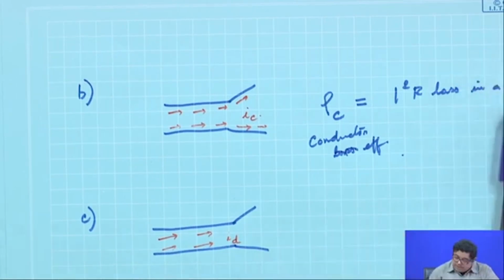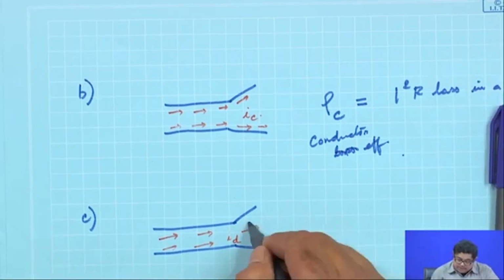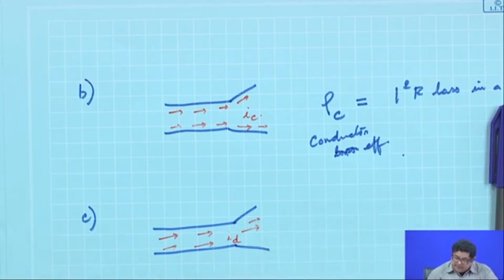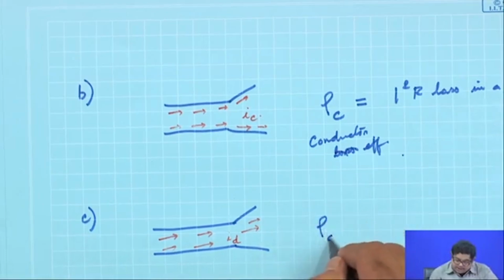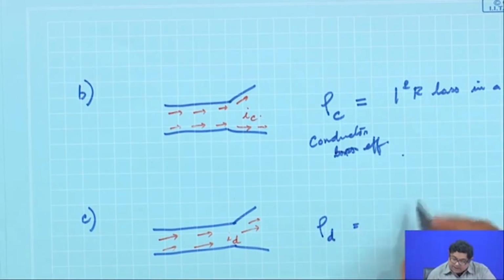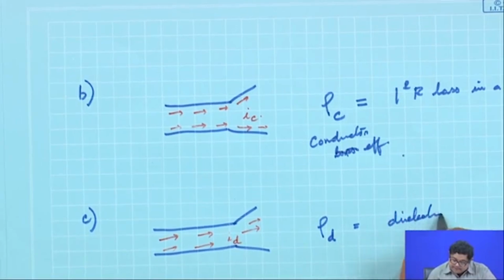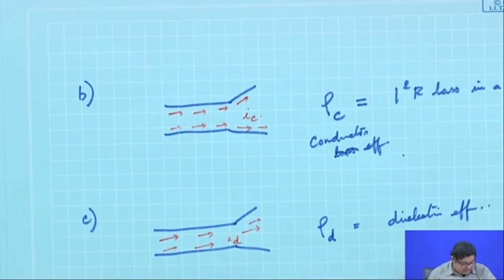So, there will also be dielectric currents I d in between, and due to that there will be loss. So, there is the dielectric efficiency, etc.